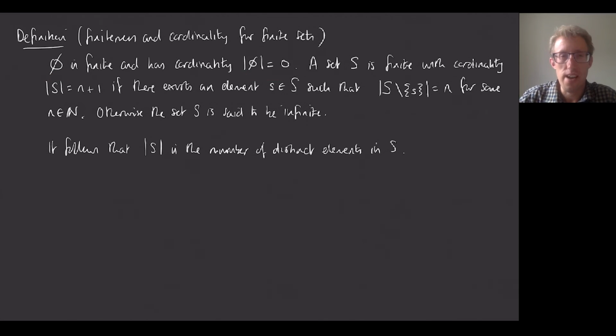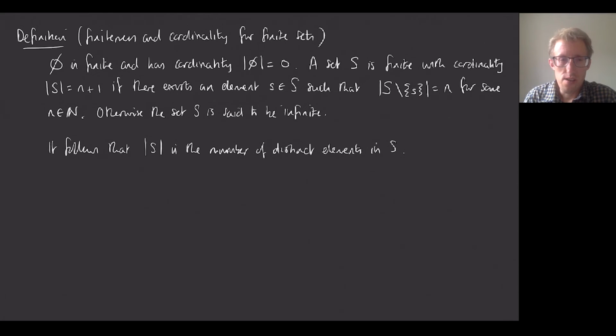So if you've had to take away n elements to do that, then your cardinality was n. Well, actually, the way that the definition was set up, this particular set S has n plus 1 elements, because we're going to have to get rid of n plus 1 elements before we're left with the empty set here, which has cardinality 0.